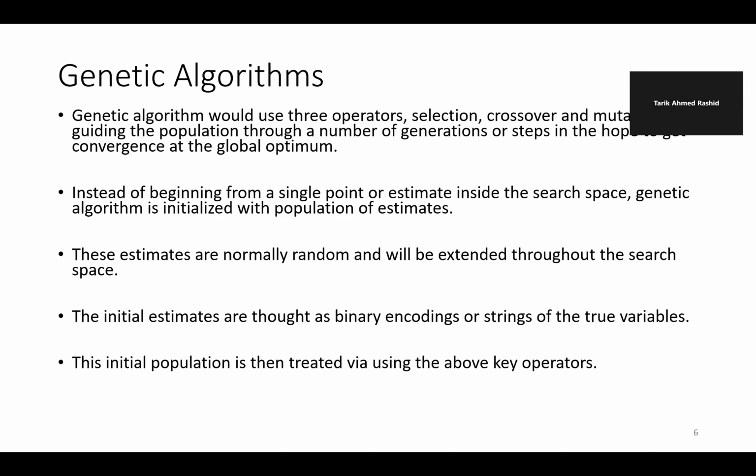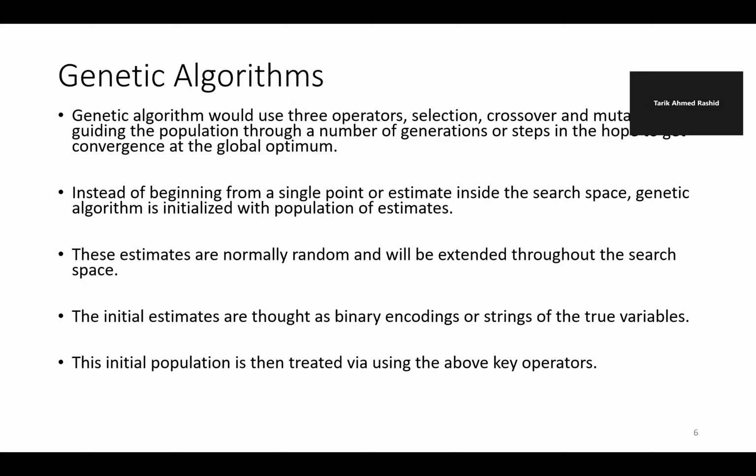Randomly, it will introduce a population, and these estimates are normally random and extended throughout the search space. The initial estimates are binary encodings, or strings, of the true variables.